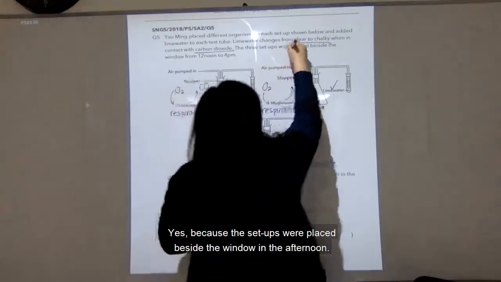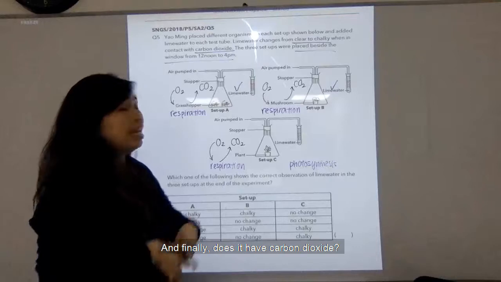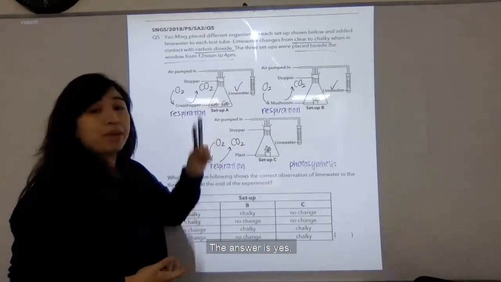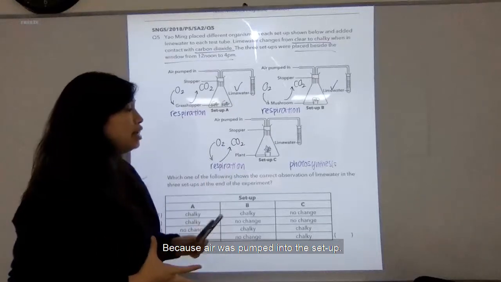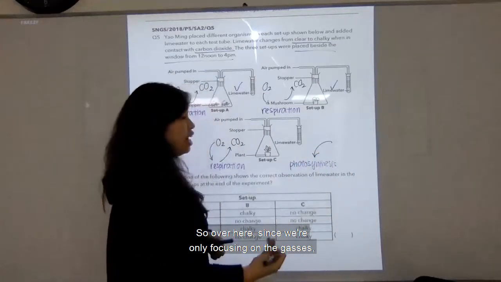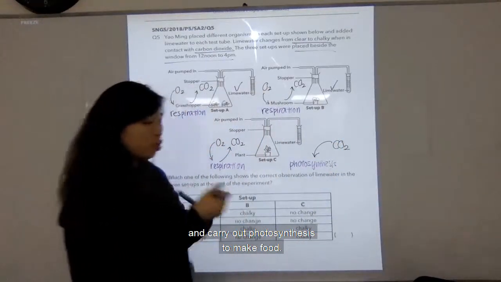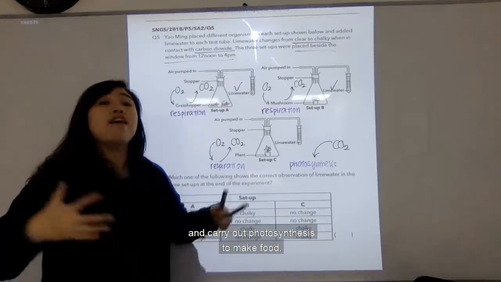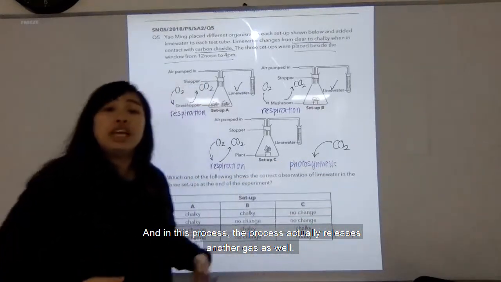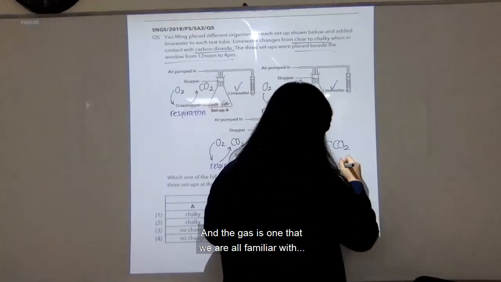Yes, because the setups were placed beside the window in the afternoon. And finally, does it have carbon dioxide? The answer is yes, because air was pumped into the setup. So over here, since we're only focusing on the gases, it means that the plant takes in carbon dioxide to carry out photosynthesis to make food. And in this process, another gas is released as well. And the gas is one that we're all familiar with.